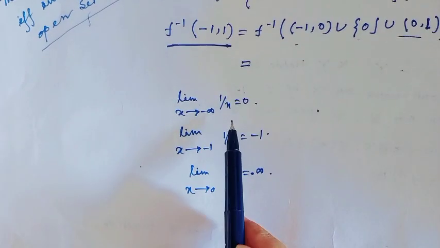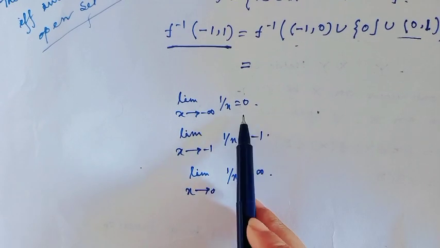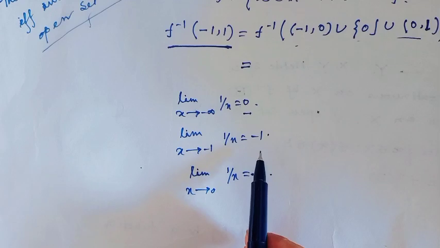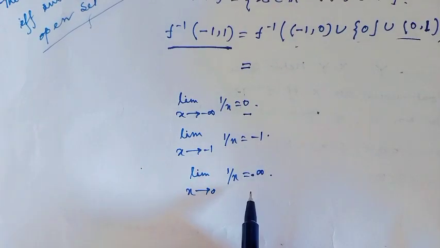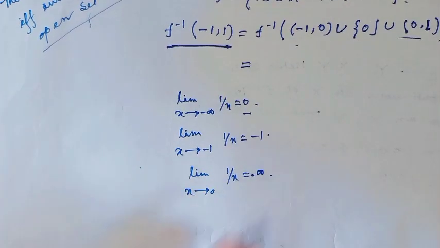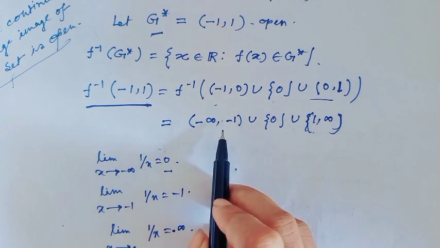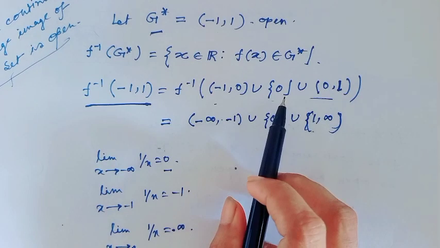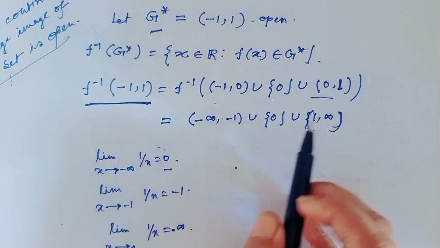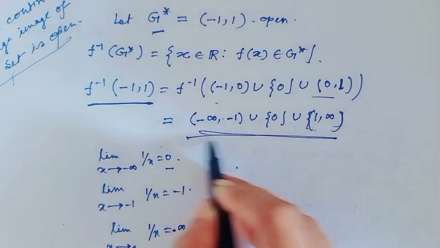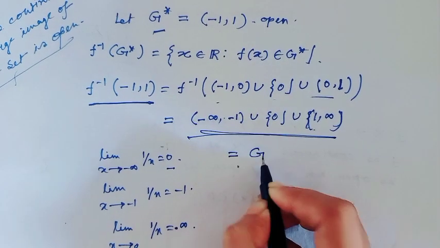Limit x tends to minus infinity of 1 over x equals 0. Limit x tends to minus 1 of 1 over x equals minus 1, and limit x tends to 0 of 1 over x equals minus infinity. f inverse of (-1, 0) equals (minus infinity, minus 1). The singleton set means union {0}, and (0, 1) means (1, infinity). Consider this set equal to G.